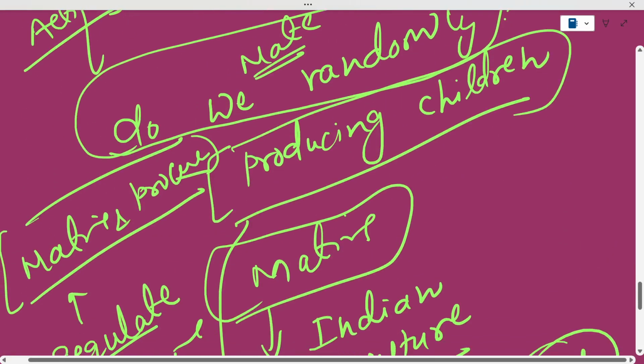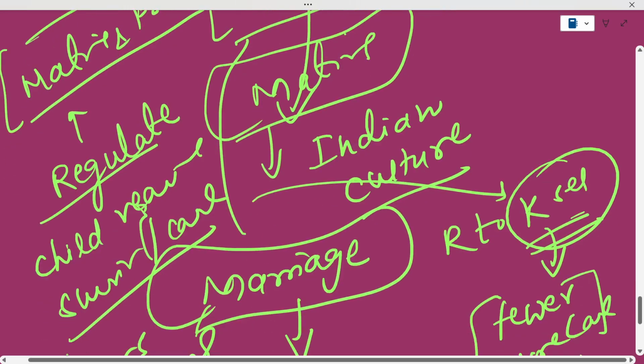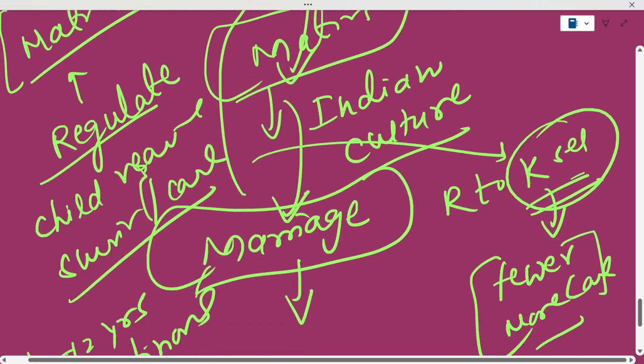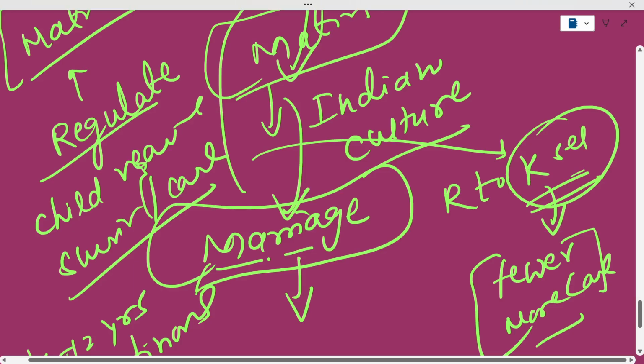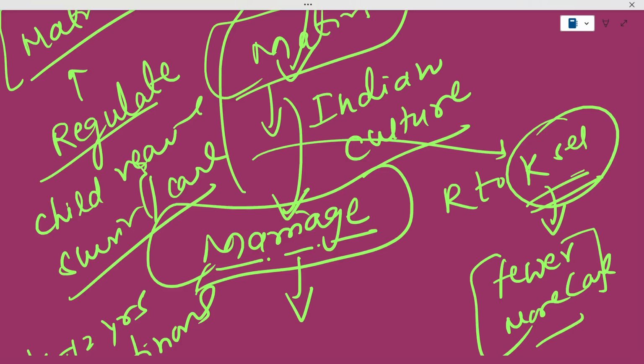We have a well-established institution that ensures that we mate in a particular way, according to particular customs. We mate according to some religious and scientific principles, and then our whole family is there to raise the child up to a survivable age. So this is the gist of it.